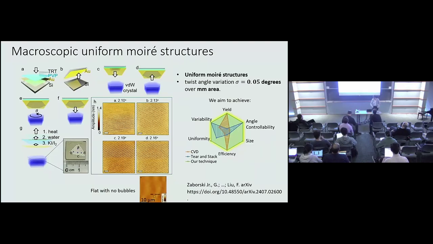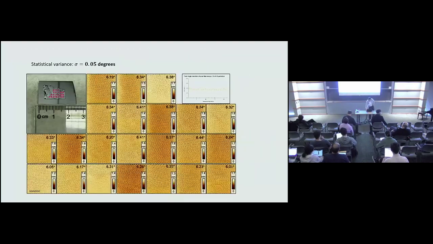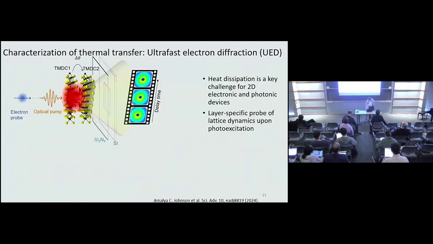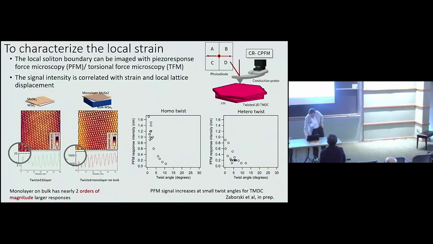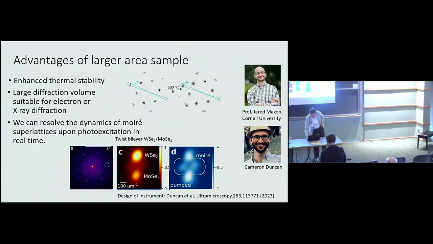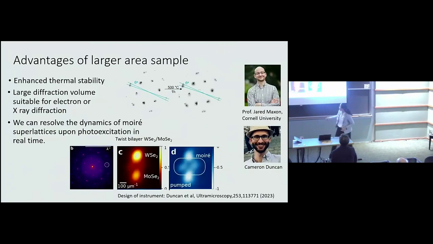Many people have asked about this stability, so let me just go ahead to this very last slide talking about the stabilities of the surface. Here we go. This is the electron diffraction of the moiré patterns, and you can look at the main Bragg peaks to look at the twist angle.